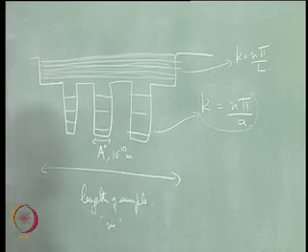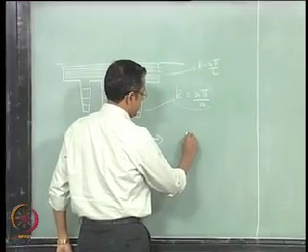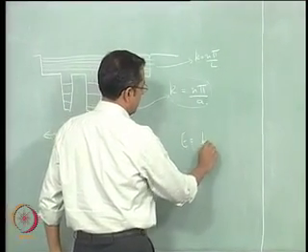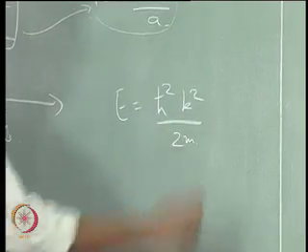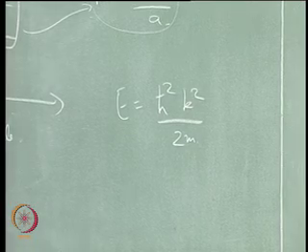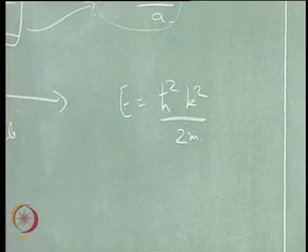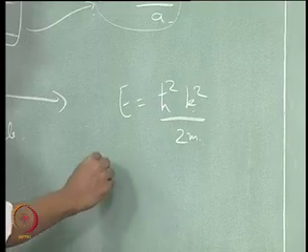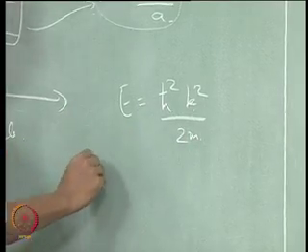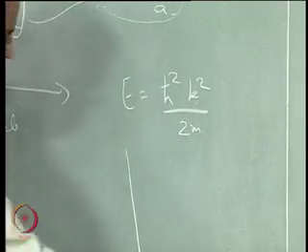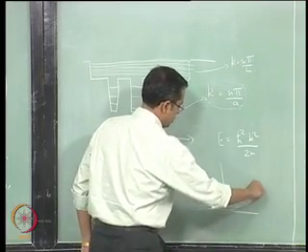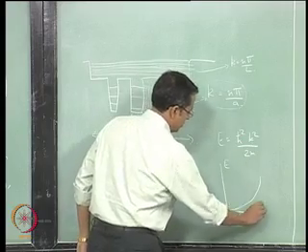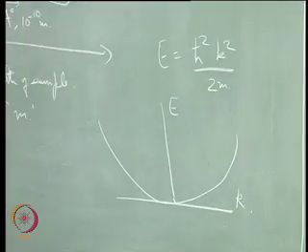Now we also said that energy is h bar square k square by 2m, and that for a free electron all possible values of k are allowed, therefore E versus k becomes a parabola for a truly free electron.